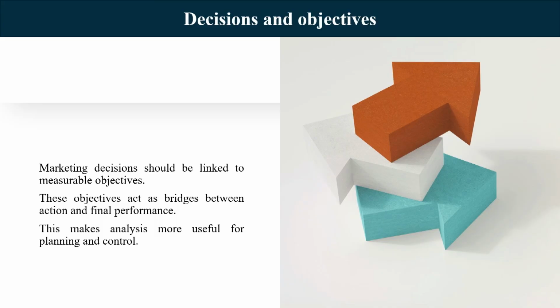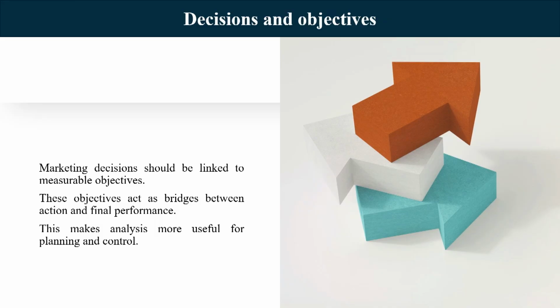Let us look at the decisions and objectives. Marketing decisions should be linked to measurable objectives. If I run an advertisement, I should clearly know what the purpose behind this advertisement is. Is it for the purpose of creating more awareness, or is it for the purpose of converting the interest into actual purchase, right.